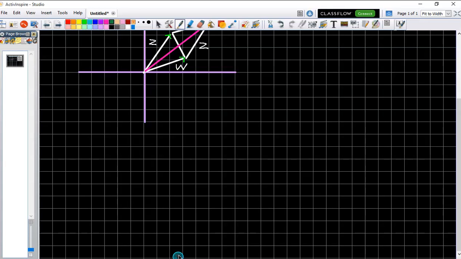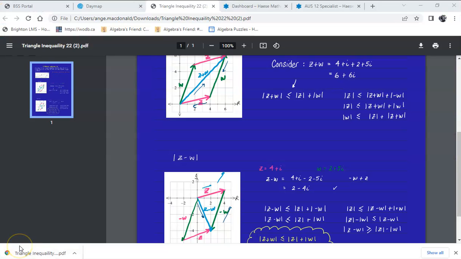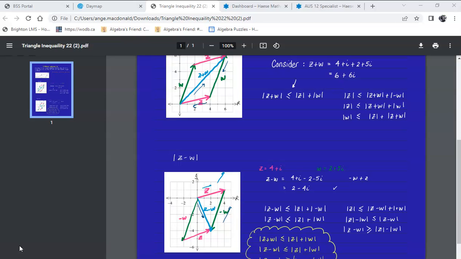Sorry, can I interrupt you for a moment? So Kunal's done a great job. He's not going away. He's nearby. But if you look up the triangle inequality, that's where we discussed how we get Z plus W, and then Z take W. You can see if they are the same vectors, they don't actually equal each other.